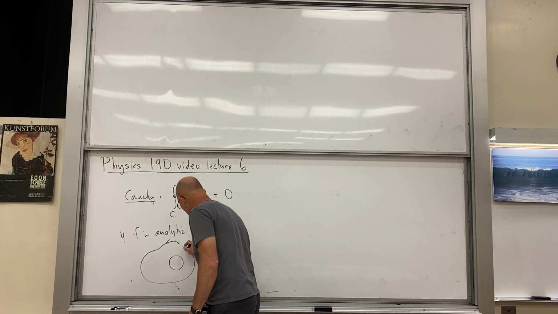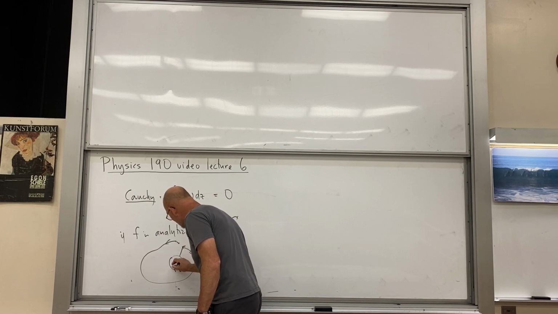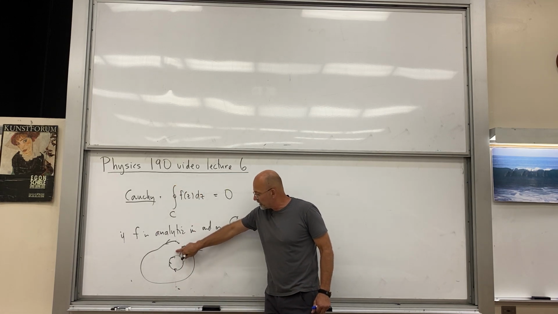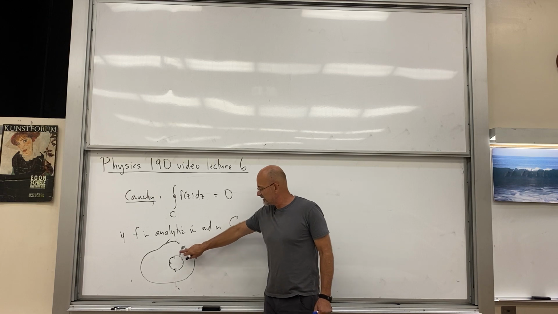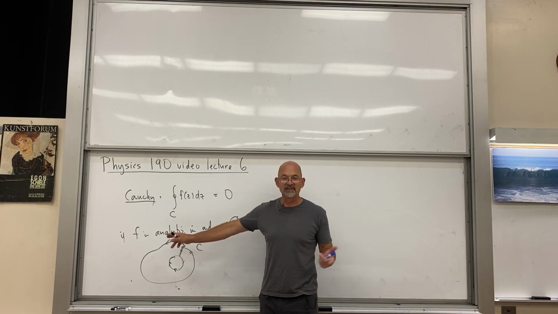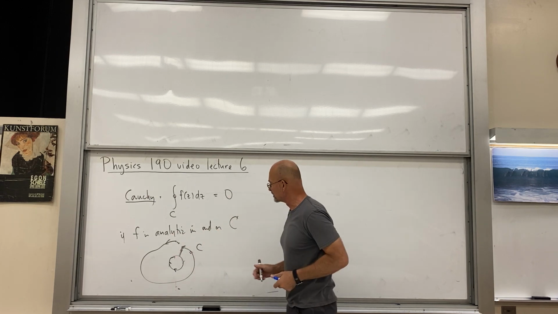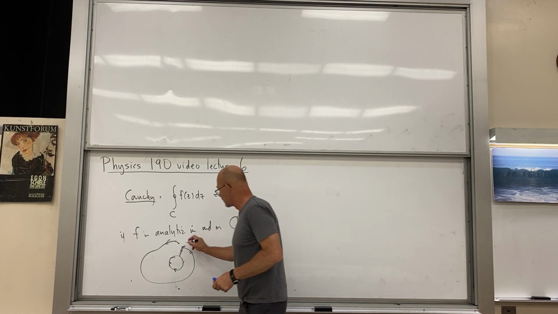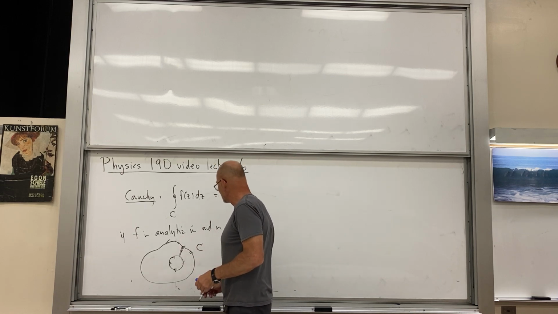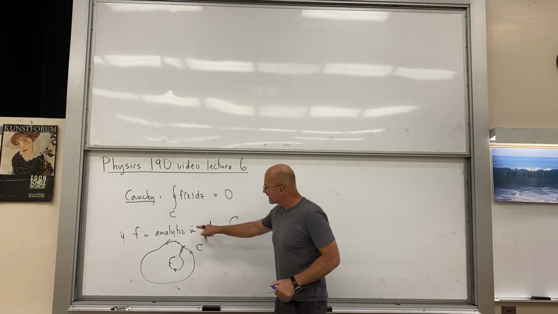So we come in here, go in and traverse the inside one clockwise, and then go out on that one. So these two adjacent contours cancel each other, okay, because they're right up against each other. And so this contour C would include this entire thing here.